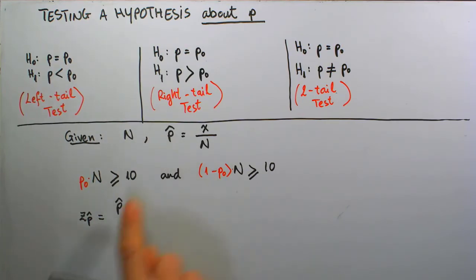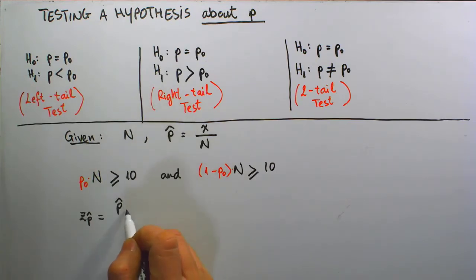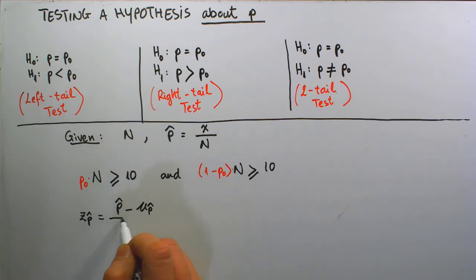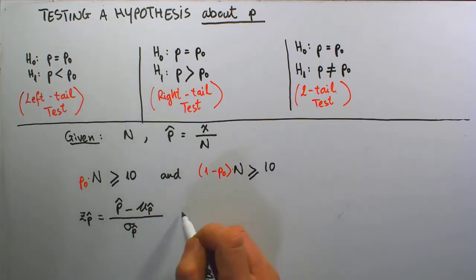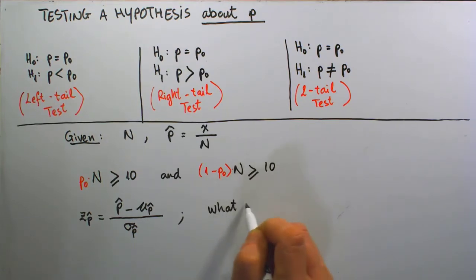The p hat, which is our sample proportion, we are going to subtract the center of the sampling distribution bell curve, mu p hat. And we will divide that difference here by sigma p hat. And this is what to know.